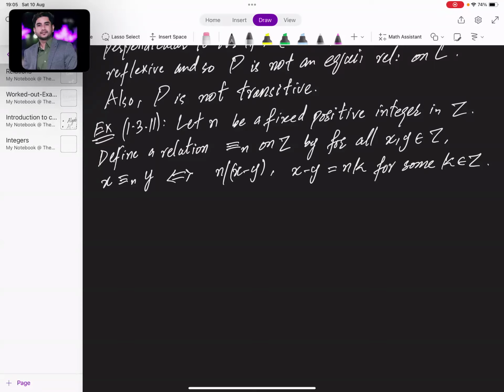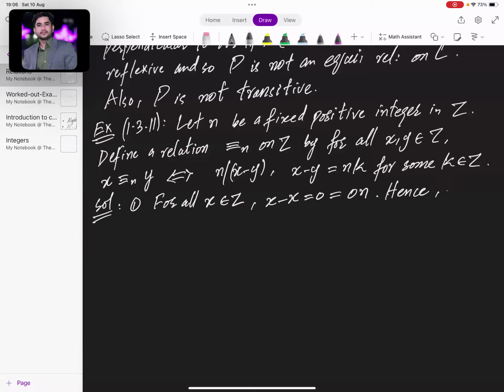We now show that this is an equivalence relation on Z. Solution. Number one, property: for all x in Z, x minus x is 0, which is 0 times n.